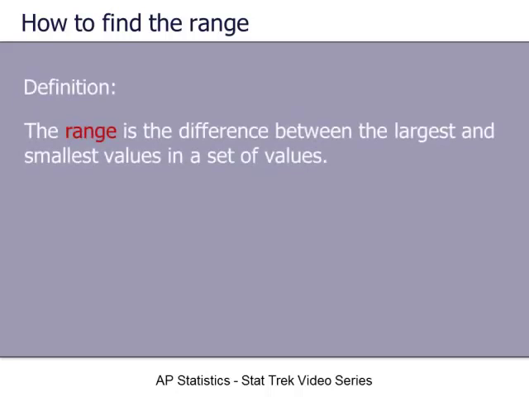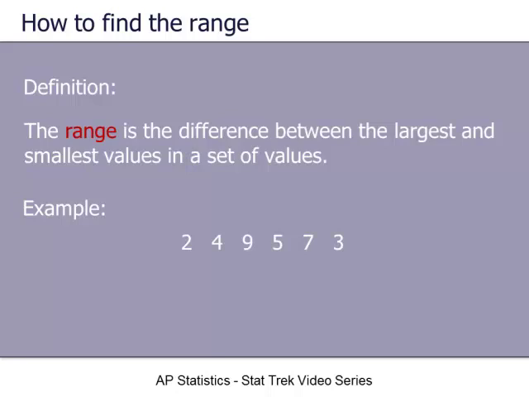The first measure of variability that we will discuss is the range. The range is the difference between the largest value and the smallest value in a set of values. For example, consider the following set of values: 2, 4, 9, 5, 7, 3.